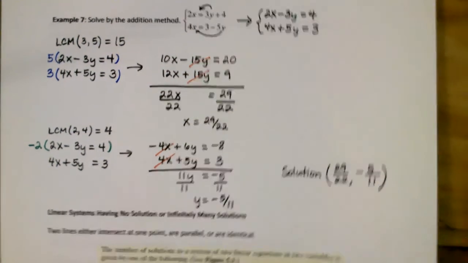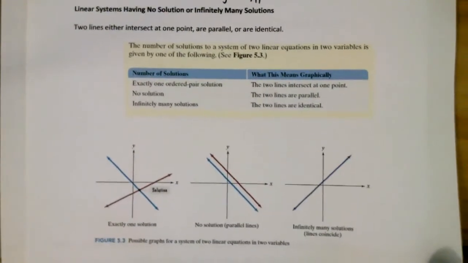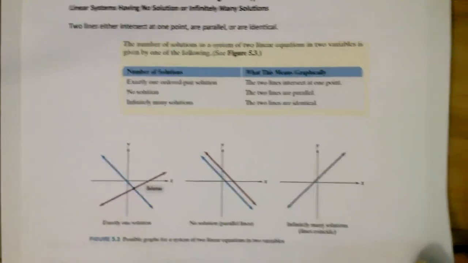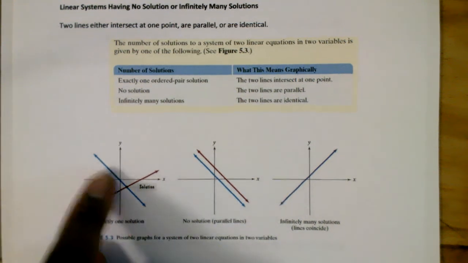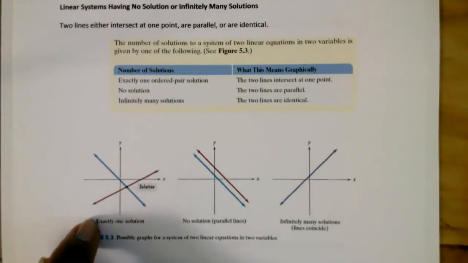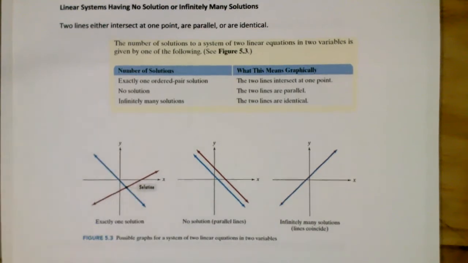Okay, now let's talk about linear systems that have either no solution or infinitely many solutions. Now, two lines either intersect at a point, are parallel, or are identical. The ones that we just did in these few examples were equations where the lines intersect at a point.